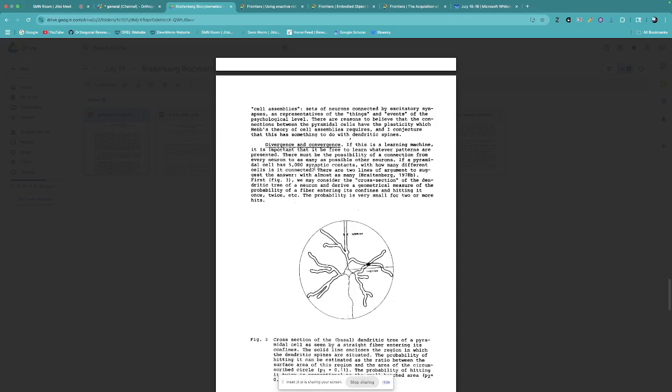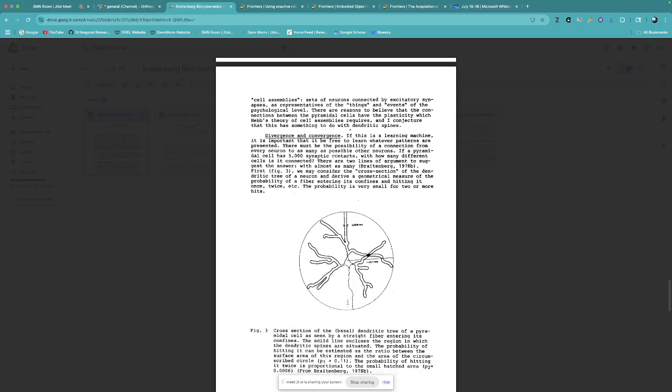And so there are two lines of arguments to suggest the answer is with almost as many, and this is cited in Braitenberg, 1978. First, we consider the cross-section of the dendritic tree of the neuron and derive a geometric measure of the probability of a fiber entering its confines and hitting it once, twice, etc. The probability is very small for 2 or more hits.